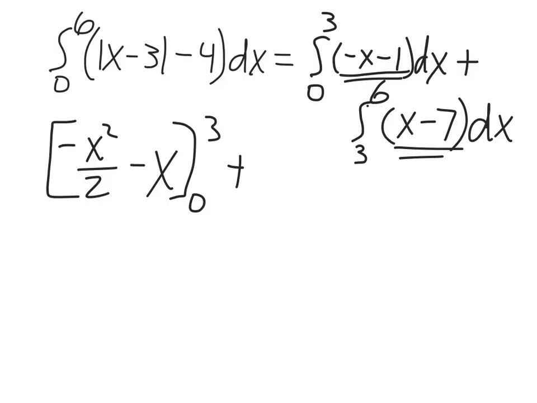Antiderivative of x minus 7 is, well, x squared over 2 minus 7x, and that goes from 3 to 6.